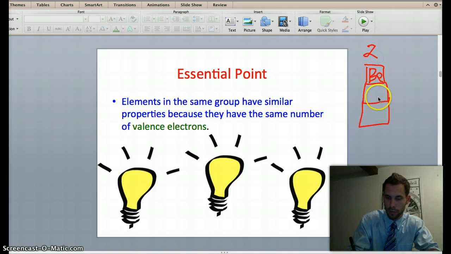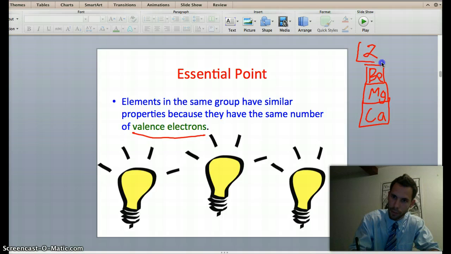They're in group 2. So beryllium, Be, magnesium, Mg, and even calcium, Ca, all react very similarly because they have the same number of valence electrons. And in this case, since they're in group 2, they're going to have 2 valence electrons, each of them. 1, 2, 1, 2, 1, 2.